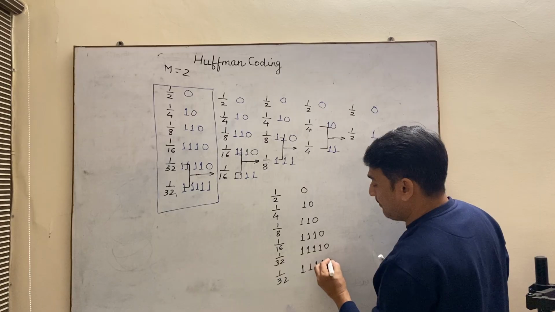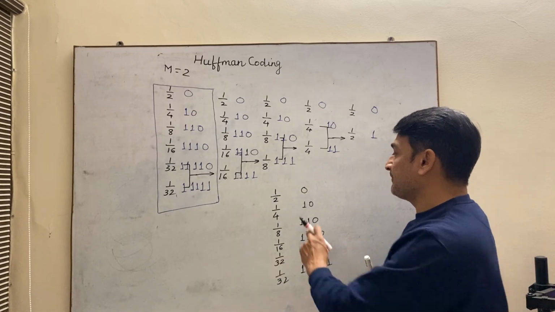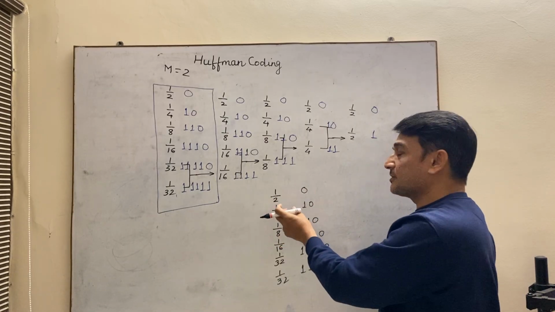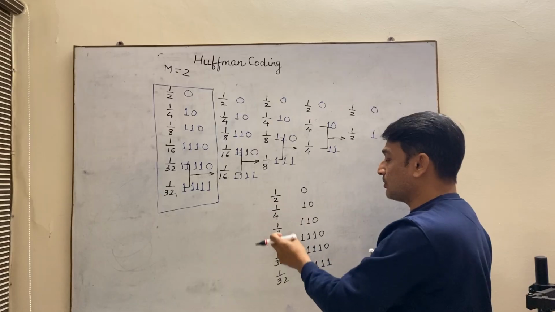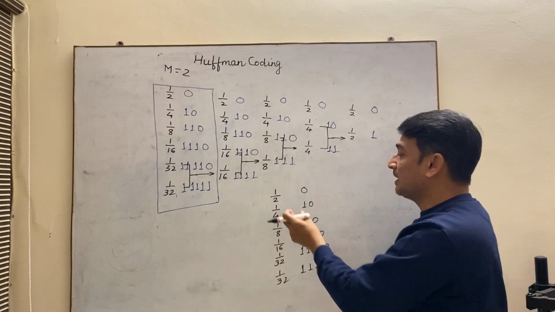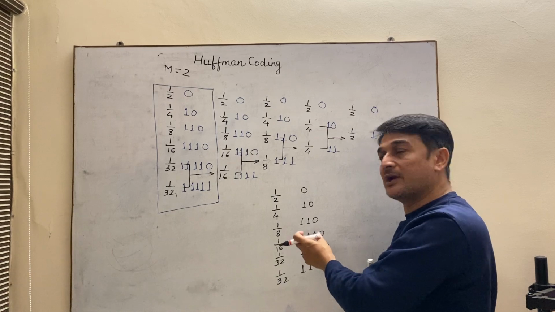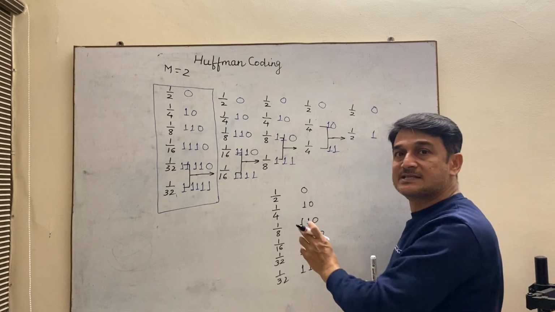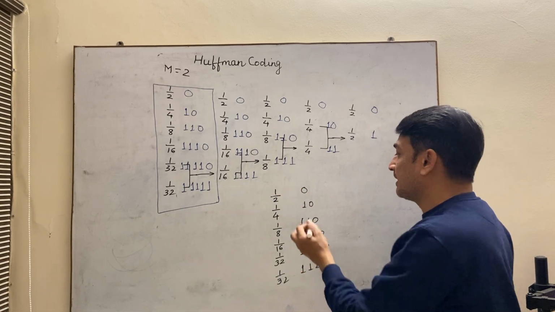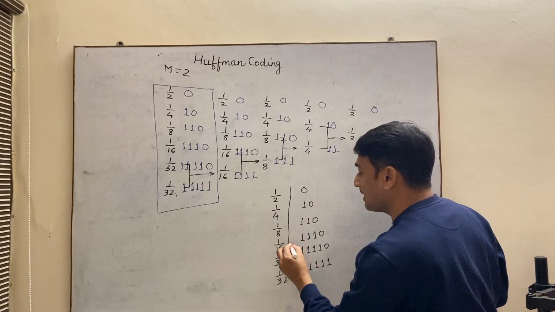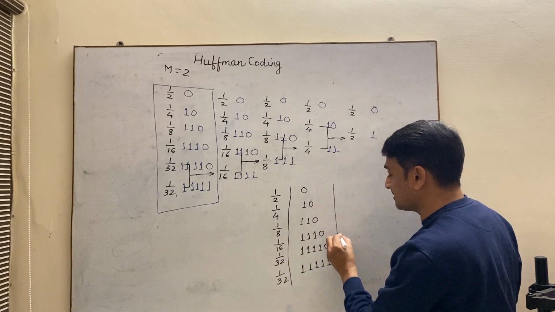What is the aim of our coding? The concept should be like this: all the codes should be unique. That means no two messages should have the same code. Here you can see all the messages are having different codes. Now I will write the code length corresponding to these values.